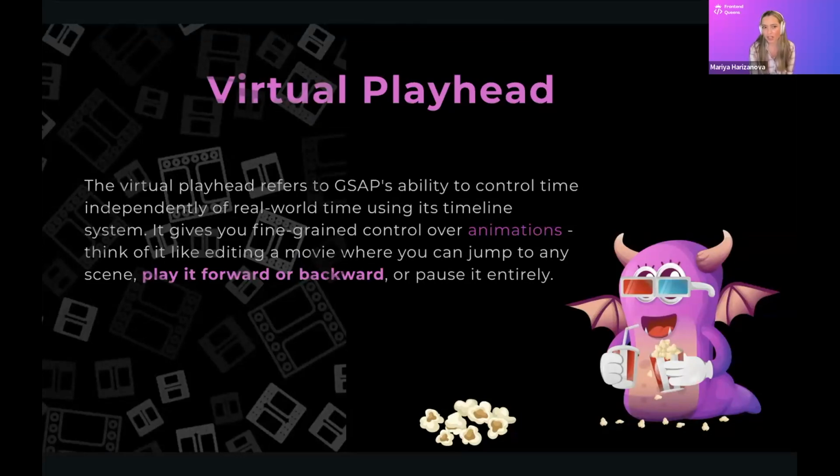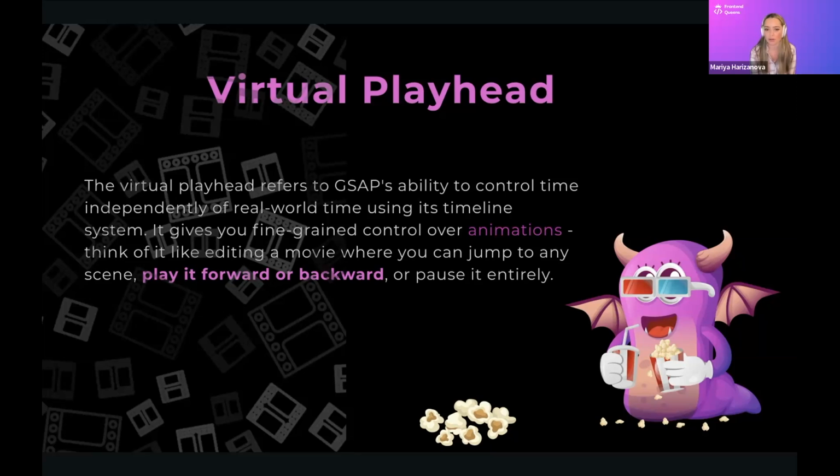Think of it like a remote control for your animation timeline. Unlike regular animation that runs from start to finish, GSAP lets you scrub. So what does scrub mean? Scrub means you have the ability to reverse, to jump, to tell your DOM elements when to stop or when to flip, bounce, and you're controlling it.